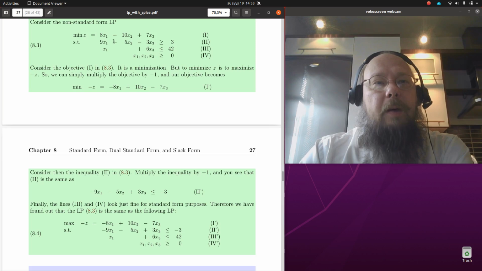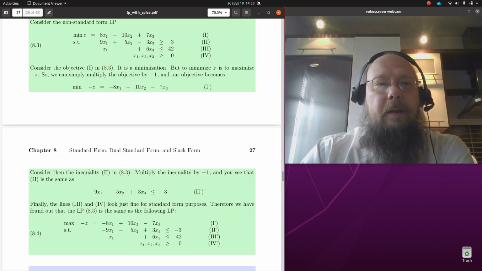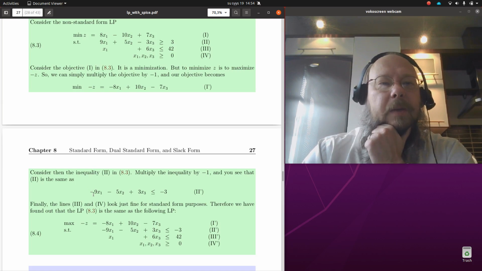So 9x1 plus 5x2 minus 3x3 bigger than or equal to 3 is the same thing as, let's see if I did this correctly, plus 9x1 becomes minus 9x1, then plus 5x2 goes to minus 5x2, and minus 3x3 goes to plus 3x3, less than or equal to minus 3.